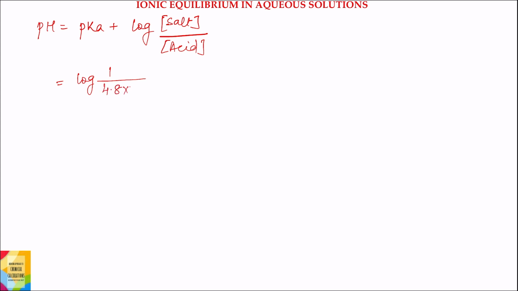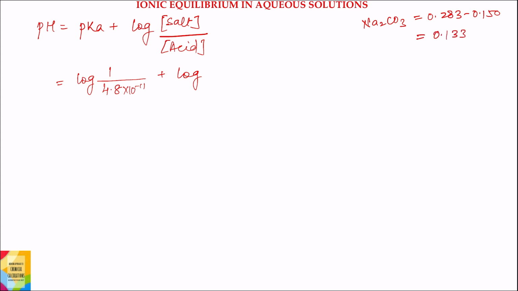Now pH of the solution will be equal to pKa plus log salt by acid. So here the pKa value will be log 1 by 4.8 into 10 to the power minus 11 plus log of the salt concentration, the remaining salt, that is Na2CO3 remaining. Na2CO3 which is remaining is 0.283 minus 0.150. This will be equal to 0.133.